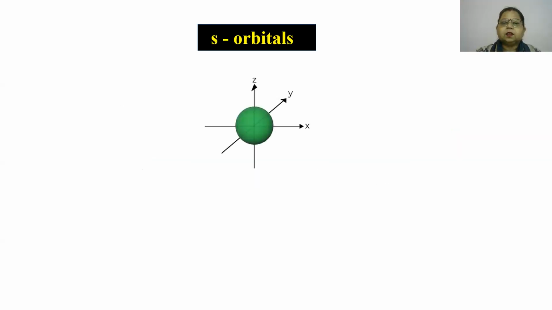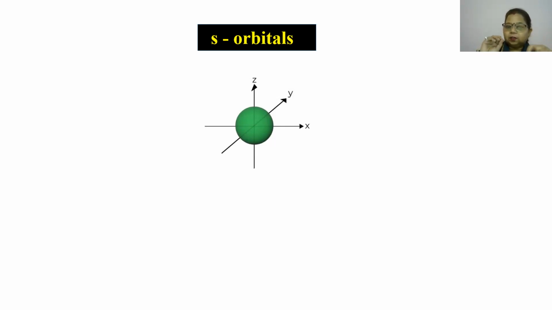Okay. Now, this is the shape of an s orbital. Most of you or all of you must be having mathematics as your subject, where you can see that there are X, Y, and Z axes. And a sphere has no directional properties.